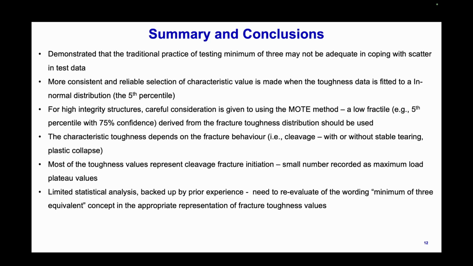In the 80s, people were not very versed in material testing. The material strengths were different, and today the properties are different, so we need to move away from them. And also, if you want to apply this to a high integrity component, then we should consider the 5th percentile rather than the 20th or the 50th percentile.